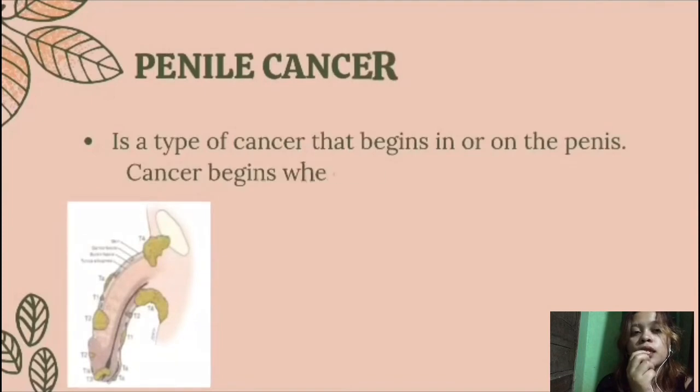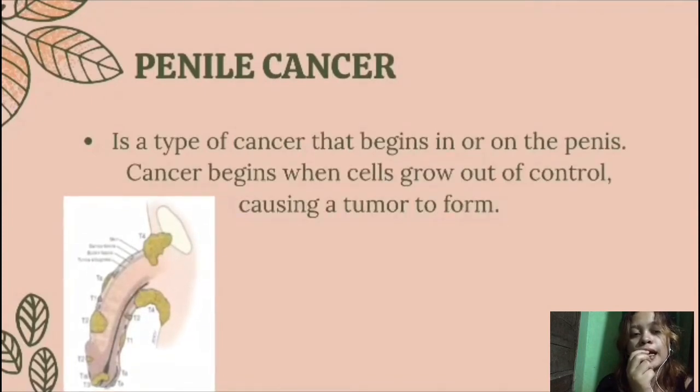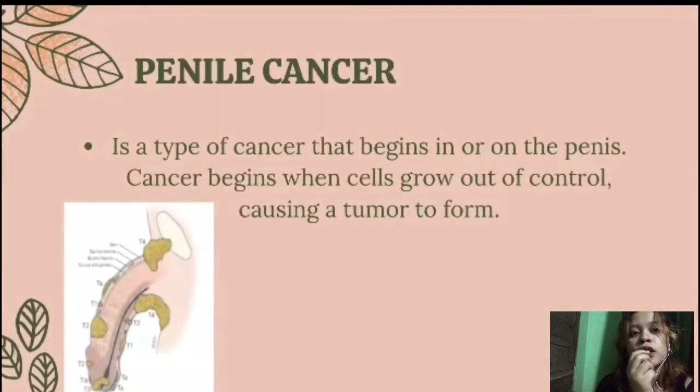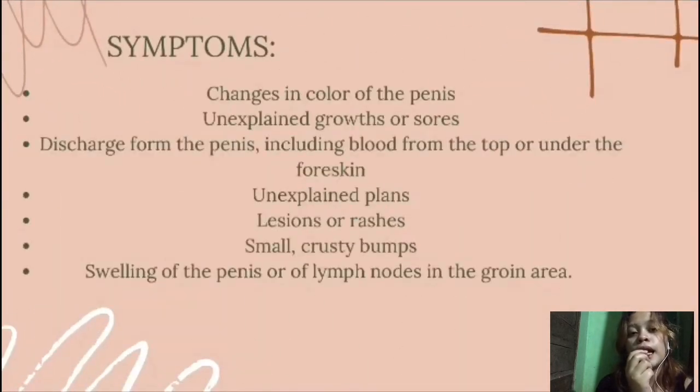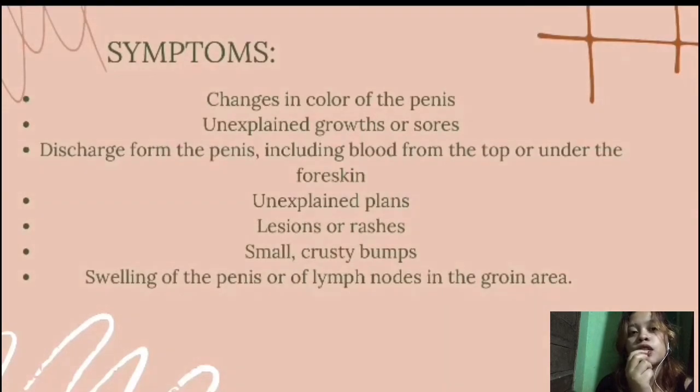So let's move on to penile cancer. Penile cancer is a type of cancer that begins in or on the penis. Cancer begins when cells grow out of control, causing a tumor to form. The early symptoms of penile cancer are, first, changes in color of the penis.